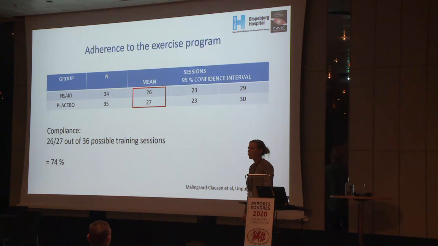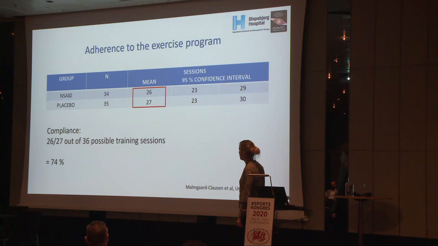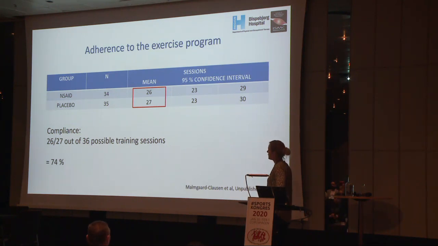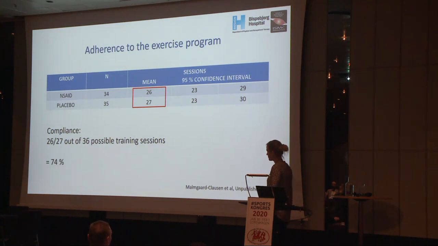So what do we know about how much they were following our advice and doing the exercises? From the second study I told you about, and this is unpublished data, so these are preliminary results. In this study, the patients were randomized into 2 groups: one group getting NSAIDs for a week, initially, before 12 weeks of training, and one group getting placebo in the first week.